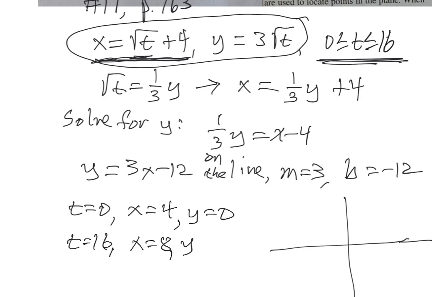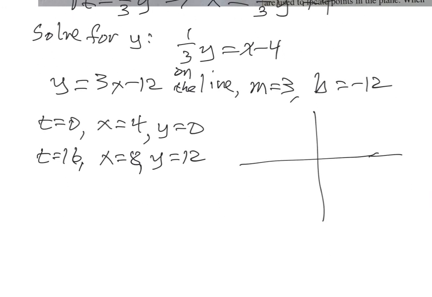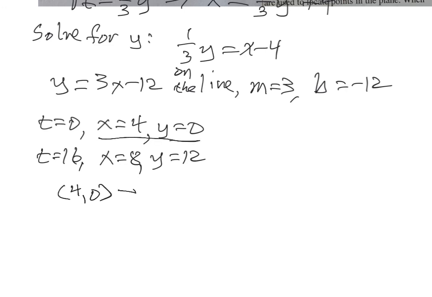The square root of 16 is 4 times 3. So let me draw axes that better fit that information. So we need to go from the point 4, 0 to the point 8 comma 12. And we need to do it on that line.